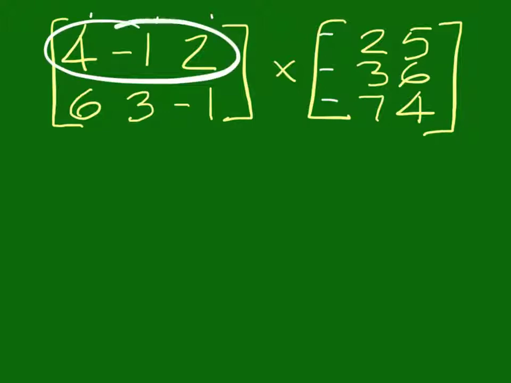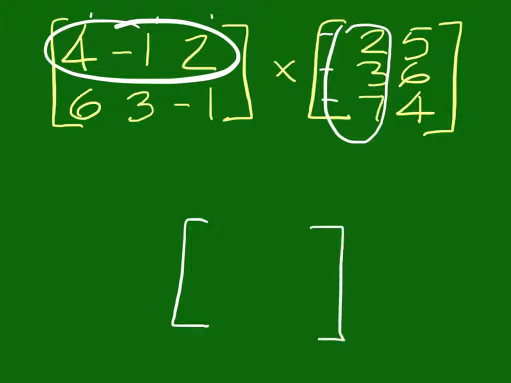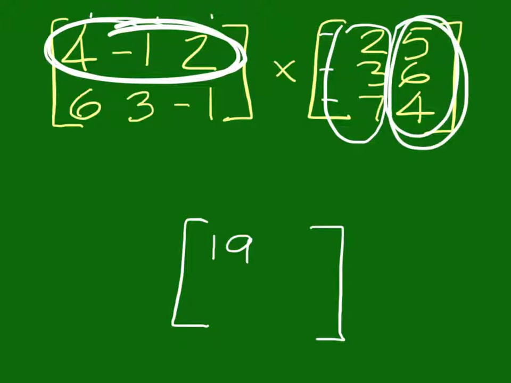We're going to go here first and then here. If you multiply those two together, you're going to have an 8 and a negative 3, which is 5. 5 plus 14 is 19. Stick with that same row and multiply against this one. You'll come up with 20 plus a negative 6, which is 14, plus 8 is 22.